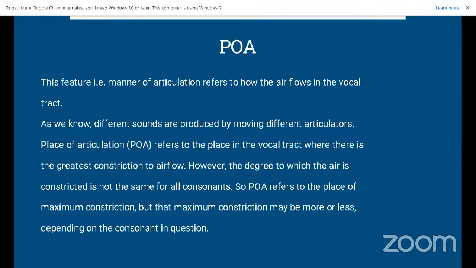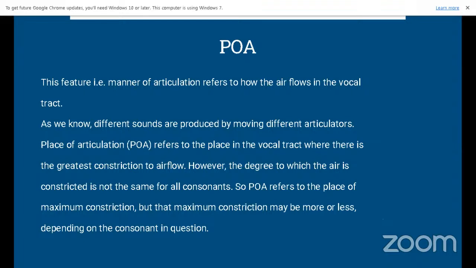Now, next it is place of articulation. So far, we have seen how the air is gushed out, the various spots where it has been released, by what kind of strictures and constrictions. That is called manner of articulation. Now, the next one is place of articulation.